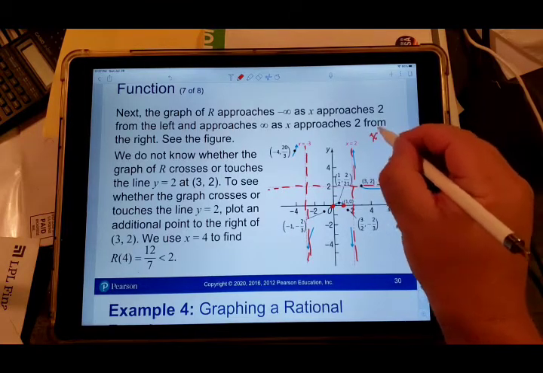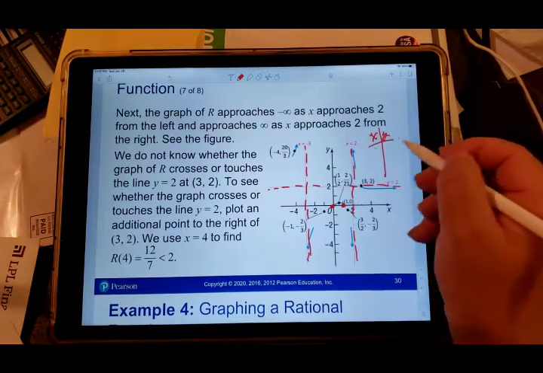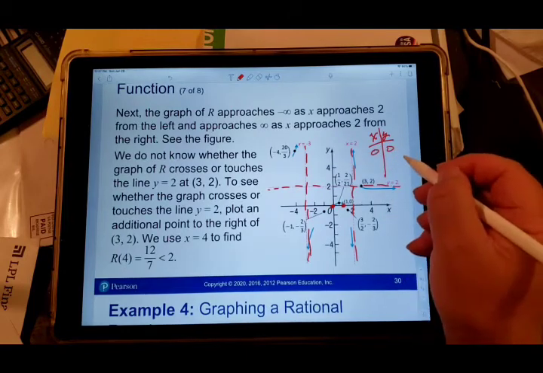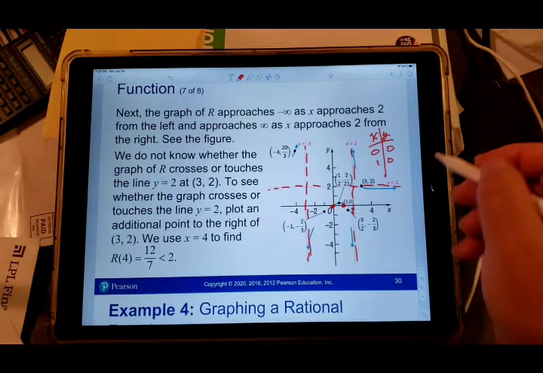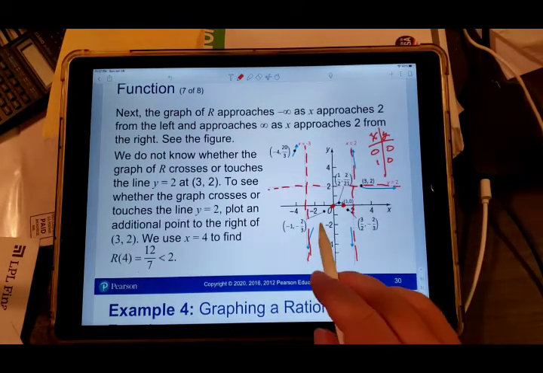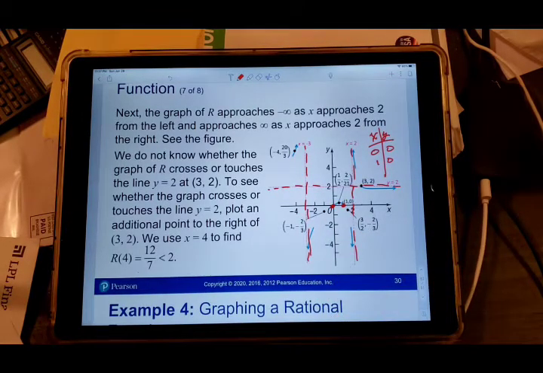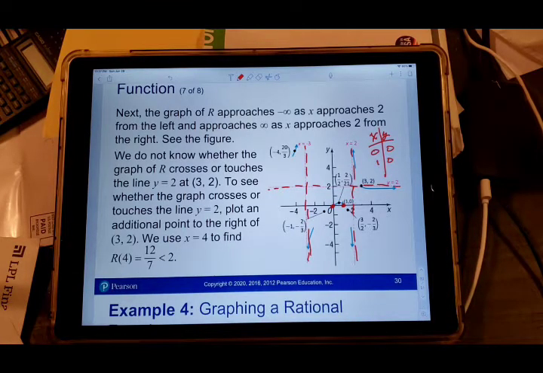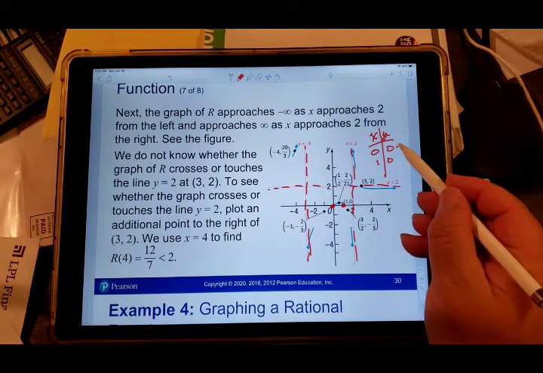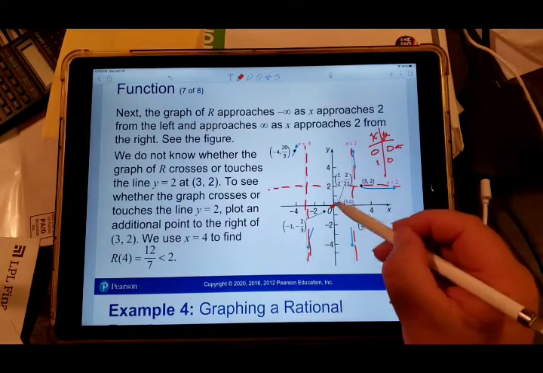I need a little more information. And when I say I need more information, there is a reason for that. Normally, if I have two x-intercepts or any number of x-intercepts, the y-intercept is a separate point. And that didn't happen here. The y-intercept and the x-intercept turned out to be the same thing.